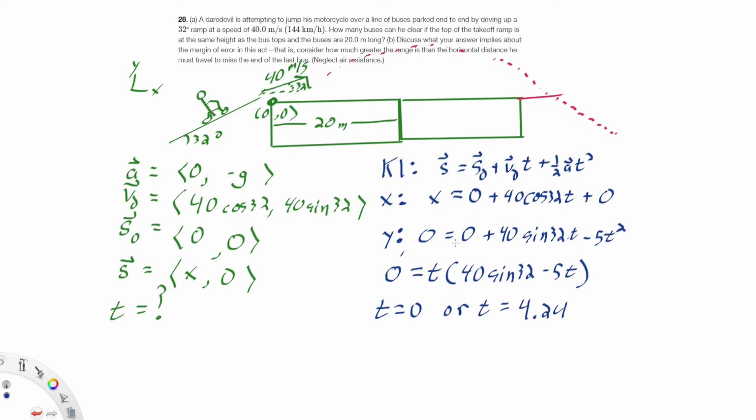All right, so with that in hand, we can actually go back up to the x direction and say that, well, then x is 40 cos 32 times 4.24.